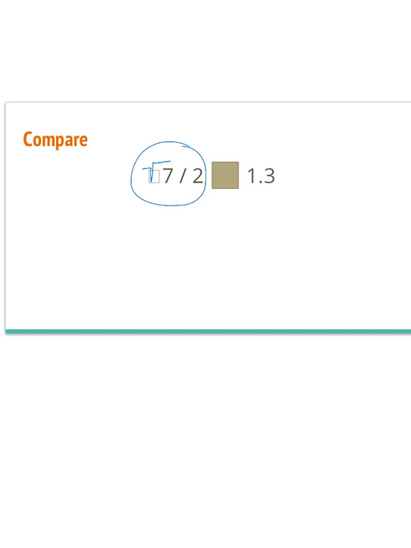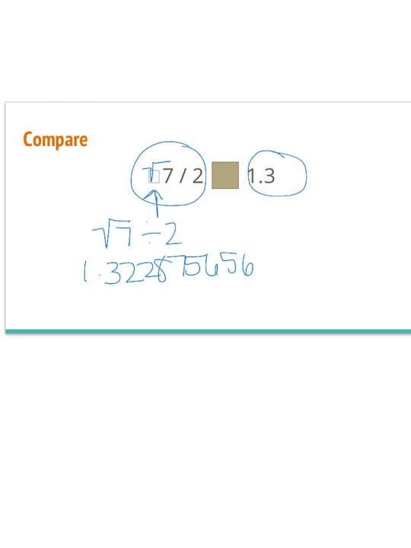So when I used my radical sign and I took the square root of 7 and I divided it by 2, my calculator gave me this crazy answer. I'm not sure I need all of that, but I notice over here that my beginning is exactly the same.